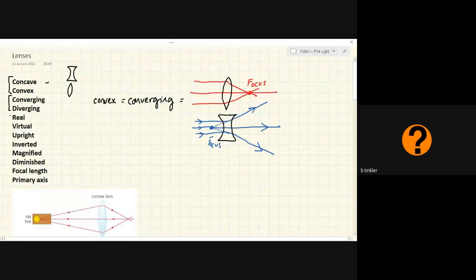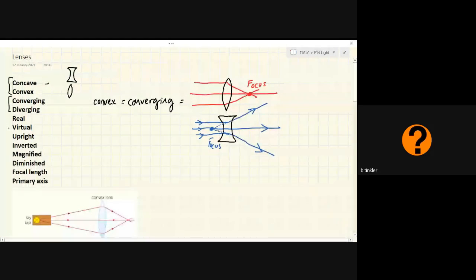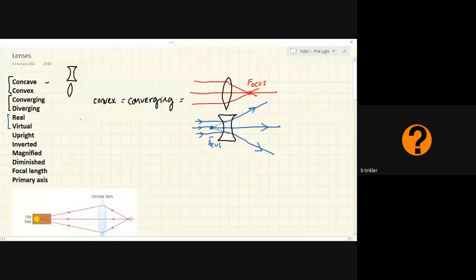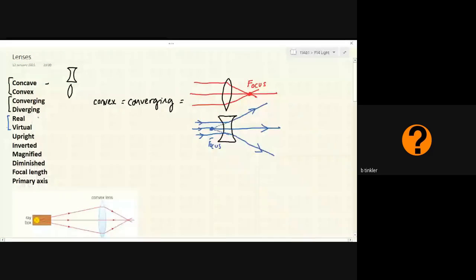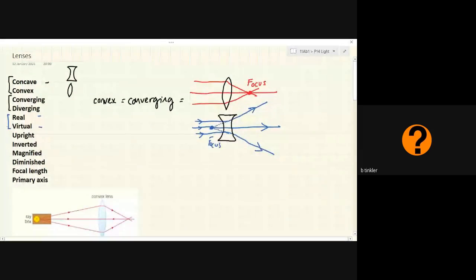Okay, next words. When you're describing an image that forms, so obviously we use lenses to make images, it might be that we're projecting an image onto a wall, like with a projector in a cinema, for example, or it might be that we're making an image that we're looking at, like in a magnifying glass. And those two examples define these words here.